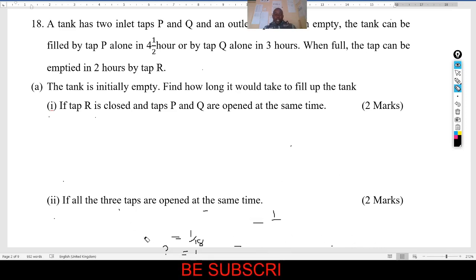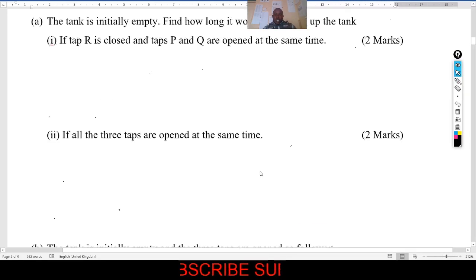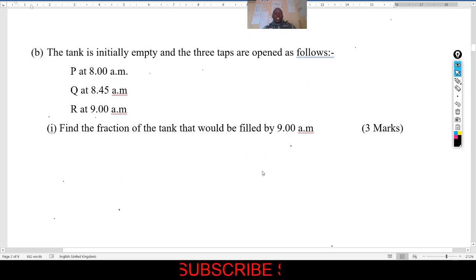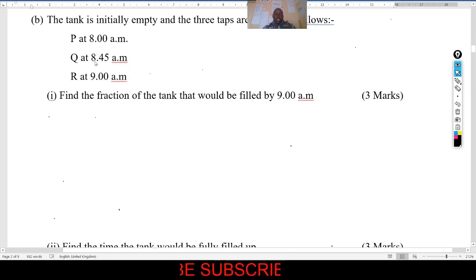Now the next question is that the tank is initially empty and the 3 taps are opened as follows. That is, P will be opened at 8 a.m., Q will be opened at 8:45, and R will be opened at 9 a.m. You find the fraction of the tank that will be filled by 9 a.m.